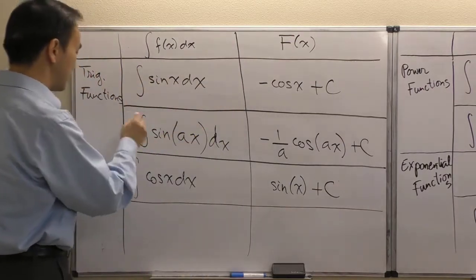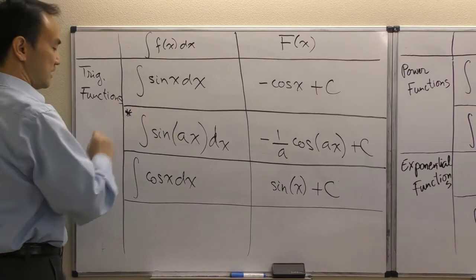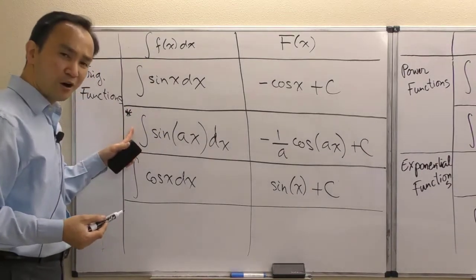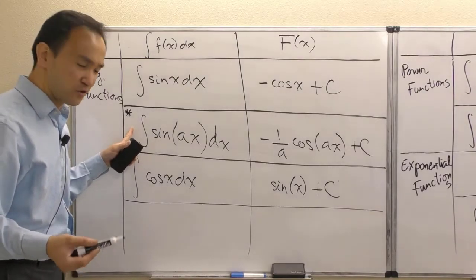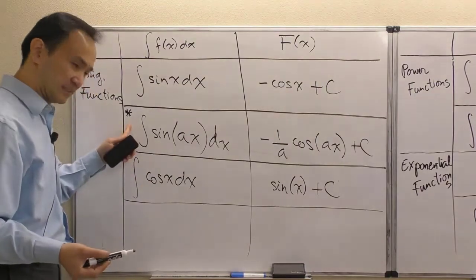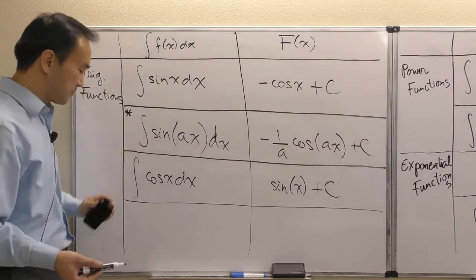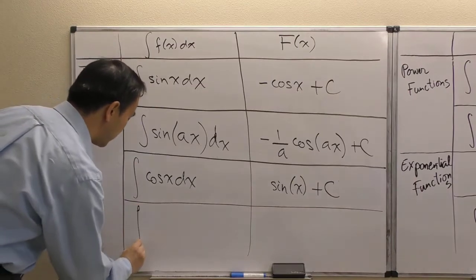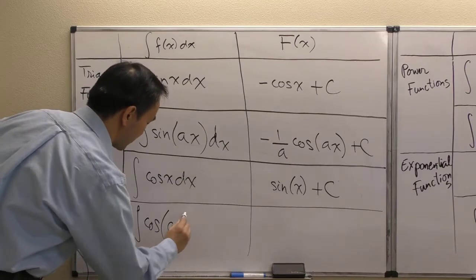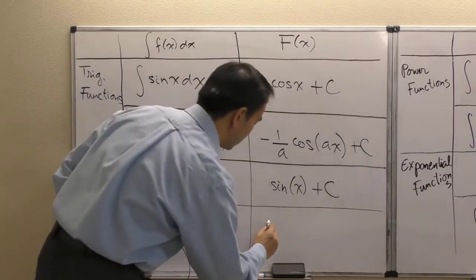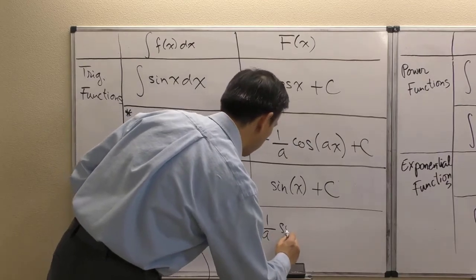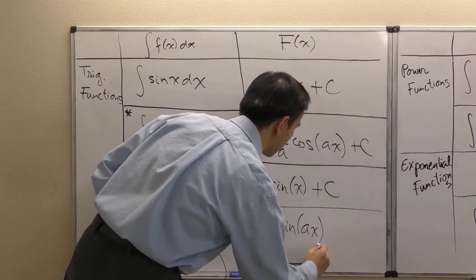How about I suggest this: put a little star here so that you can remind yourself that later on there will be a formal proof, when we come to the right point, learning enough technique to prove this more generalized case. Similarly, for cosine of some general ax, the antiderivative will be 1 over a times sine of ax, plus c.